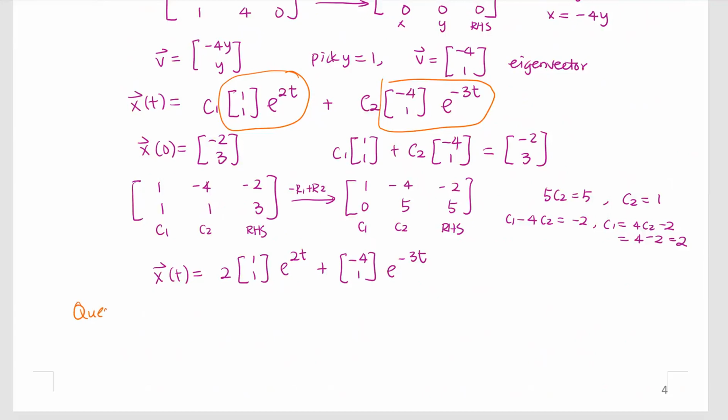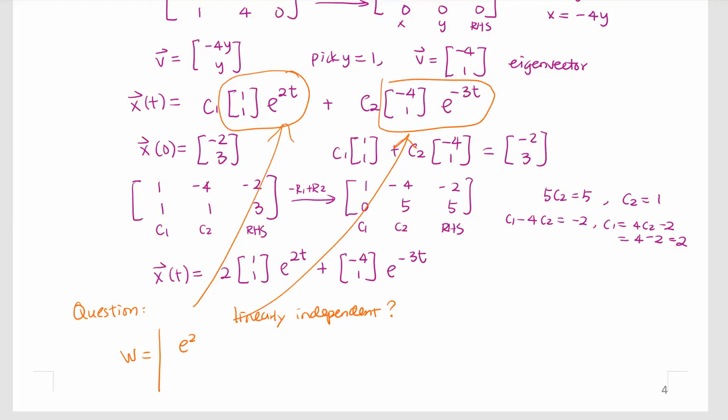So questions. So are those solutions linearly independent? Okay, then always compute the Wronskian. So the Wronskian here is the first vector is e to the 2t, e to the 2t, and then we have minus 4, e to the negative 3t, and 1, e to the negative 3t.